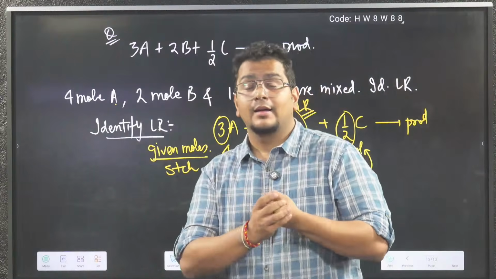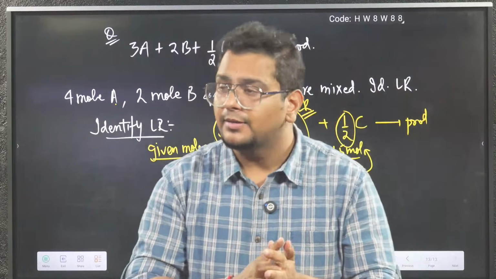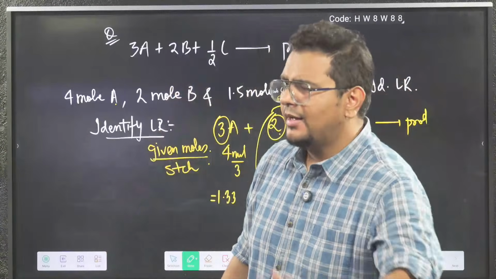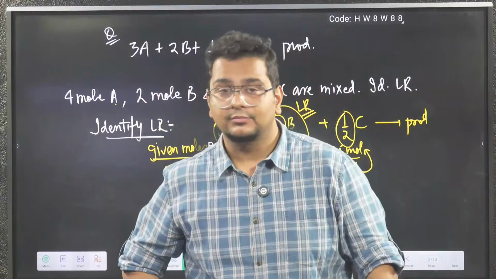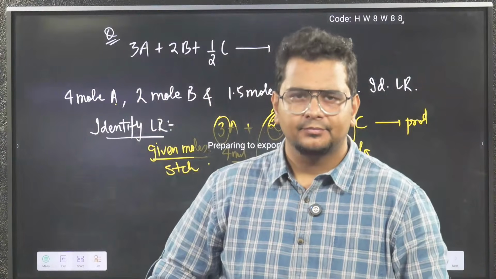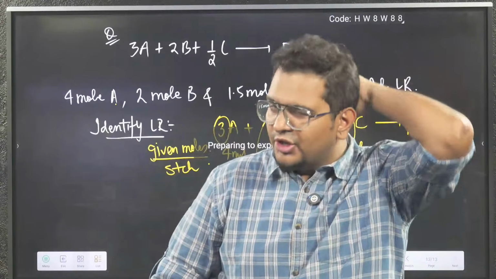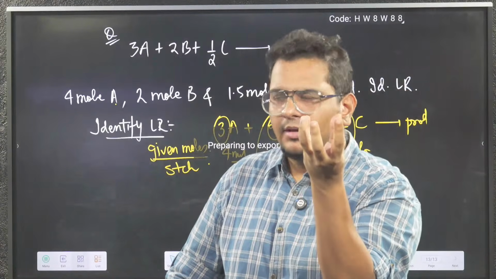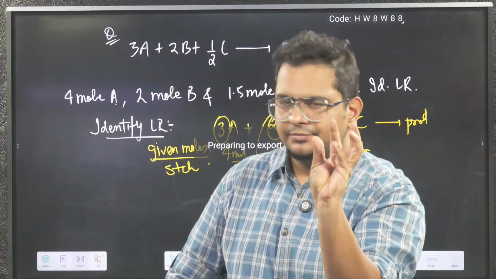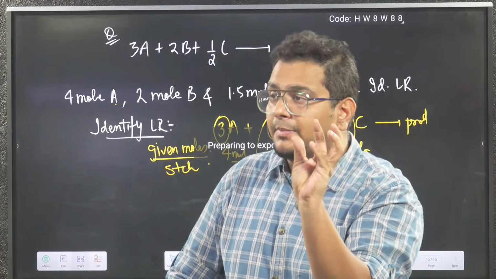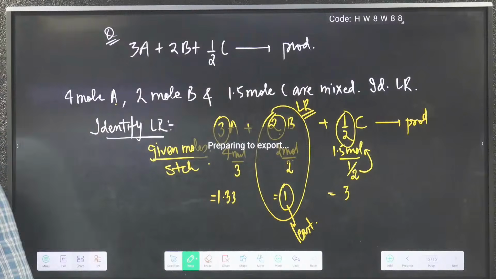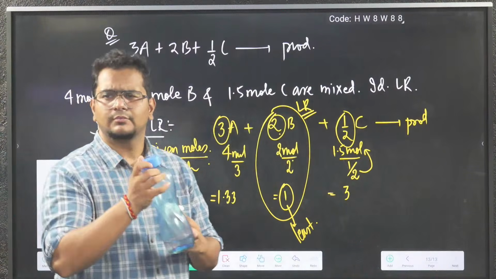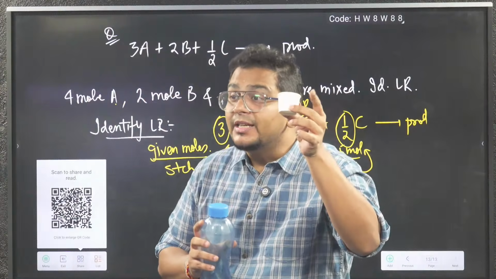Now, I will end the LR concept with a simple example. Think like this: I made this much chutney, and this much sambar.